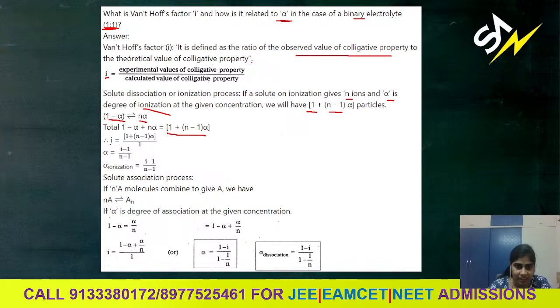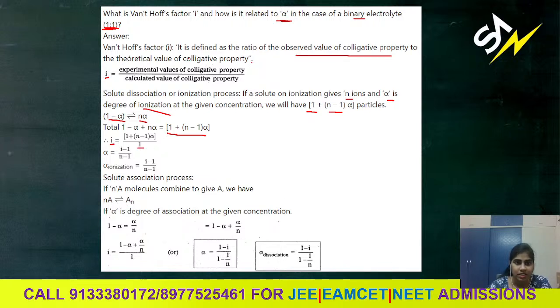Here we need to calculate the i value. This is the experimental value which we got, but the theoretical value of the total number of particles will be 1. From this, if we find alpha, the degree of dissociation or ionization, we get alpha equal to i minus 1 by n minus 1.